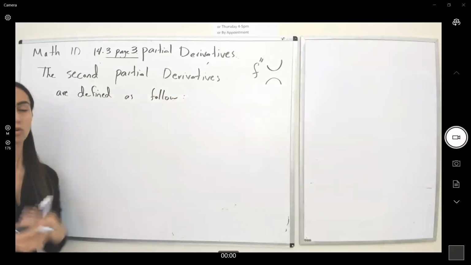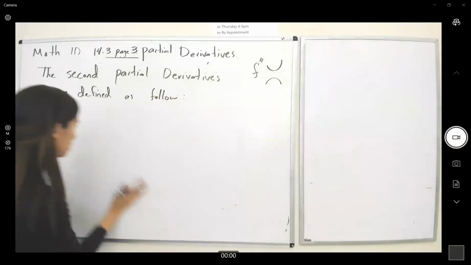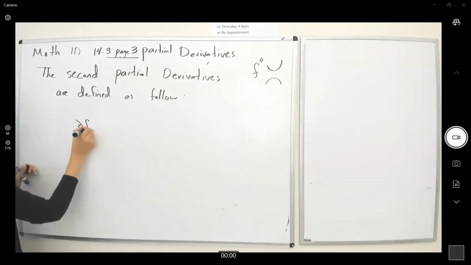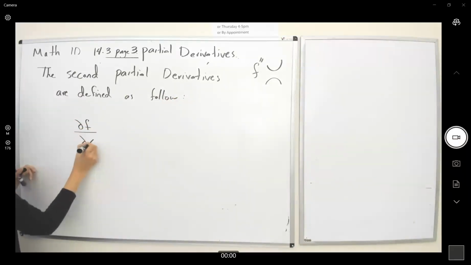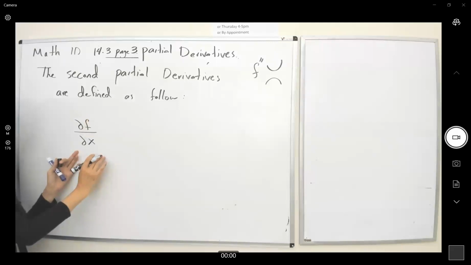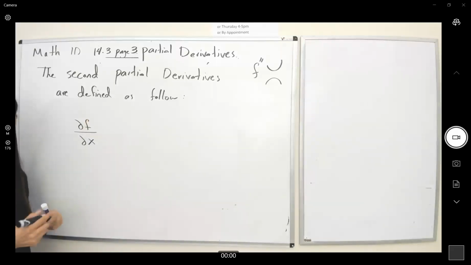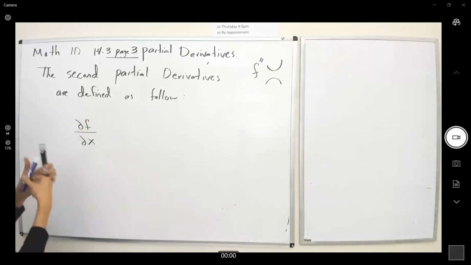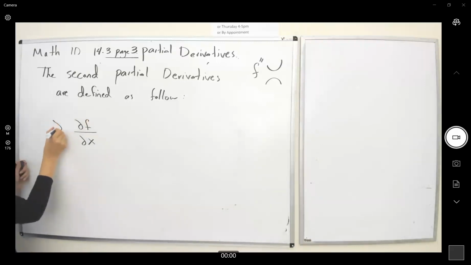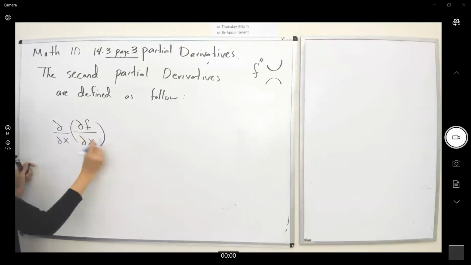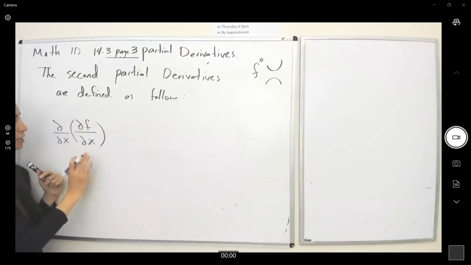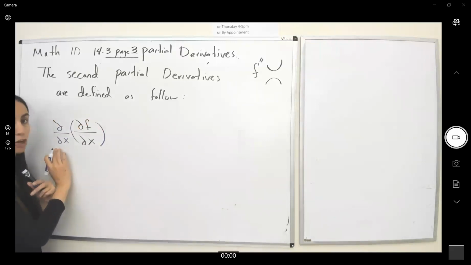Okay, so suppose you have the partial derivative of f with respect to x. For this one, you can take the second partial derivative of the function with respect to variable x, or you can take it with respect to variable y. So first, you have to find the partial derivative with respect to x, then take the second partial derivative of the function with respect to x.